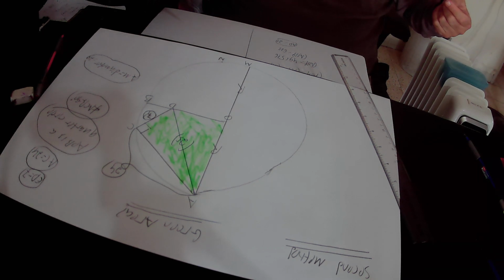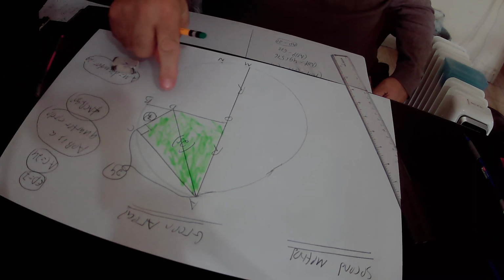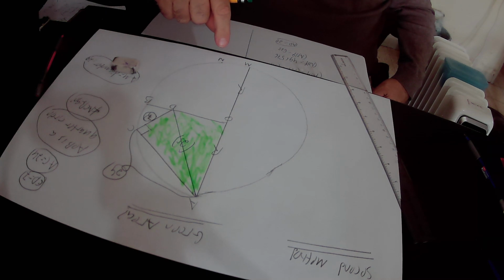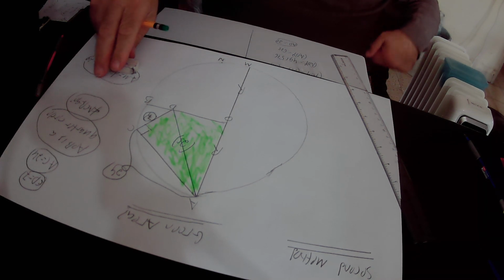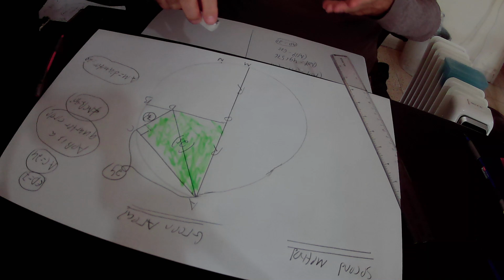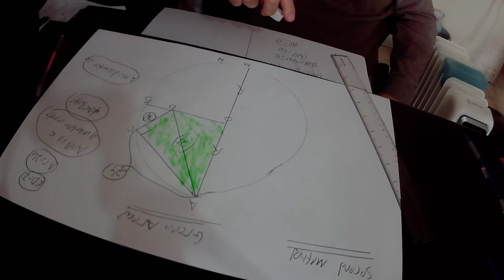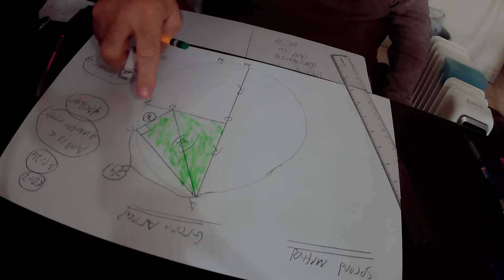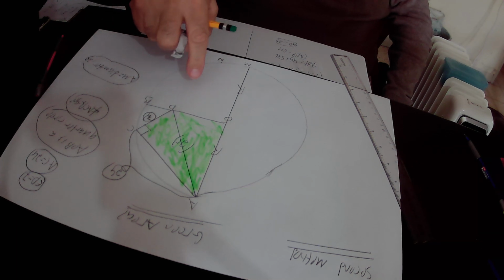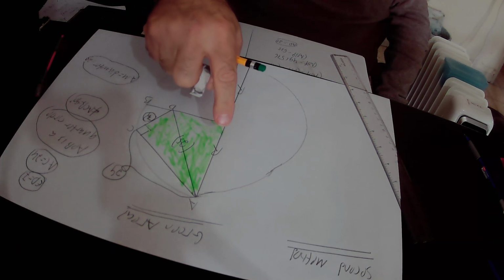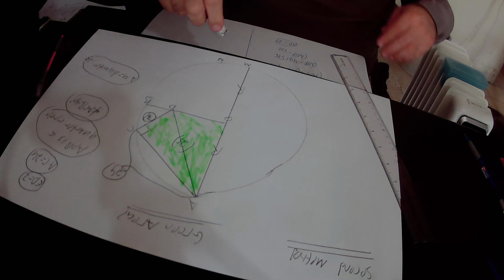That is to say, we conclude that the extended CD cannot touch the circle at point N. Why? Because then it will contradict rule number 5, because we would have peripheral angle CDN equal to 90 degrees, and still it doesn't rest on AM, that is the diameter of the circle.